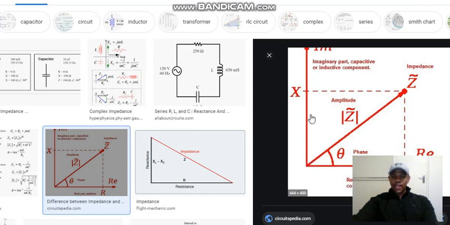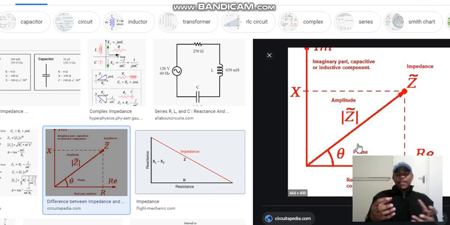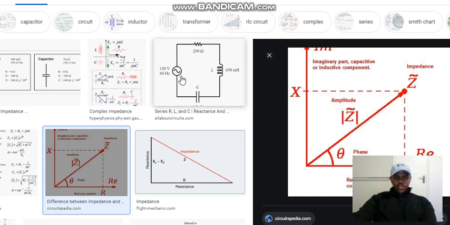But you can also get an inductive component or a capacitive component, and that together is called impedance. And impedance is something just like resistance. So when you deal with AC circuits, which are these where the voltage is alternating, you'll deal with that in physics with Murendeni.